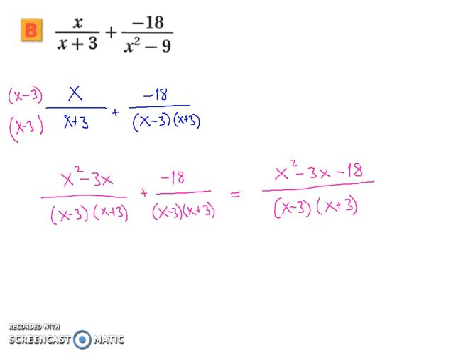Alright, so many of you probably got to this point here, where you have added your like terms and you kept your denominator the same. However, in this problem, you can go one step further. Notice what happens when you factor this trinomial.